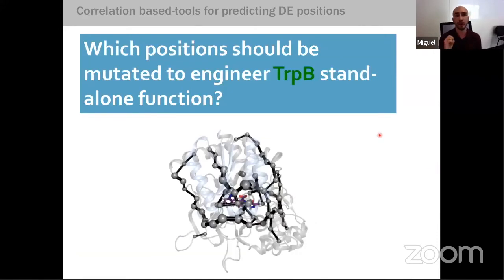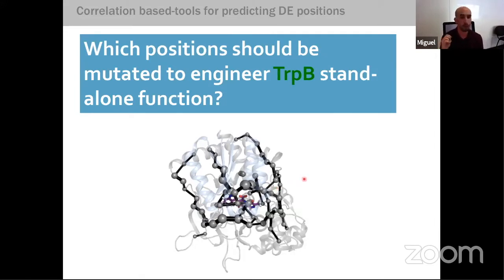At this point, we can see that this approach can identify important residues that contribute highly to the conformational dynamics of the protein, but still there are many residues to be targeted, for instance, in order to engineer TRPA for a standalone function.